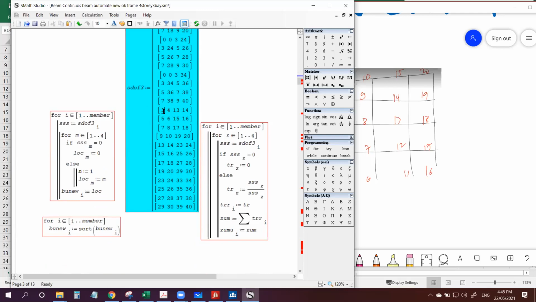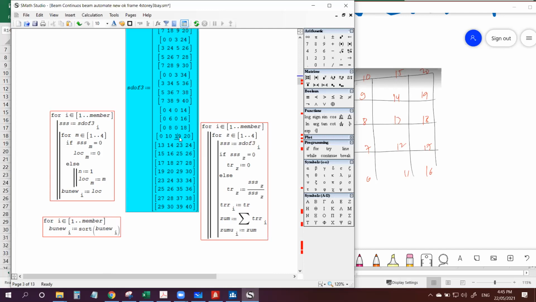It becomes 0. Right? So I'll make this 0, because girder, no vertical displacement. Make all this 0.